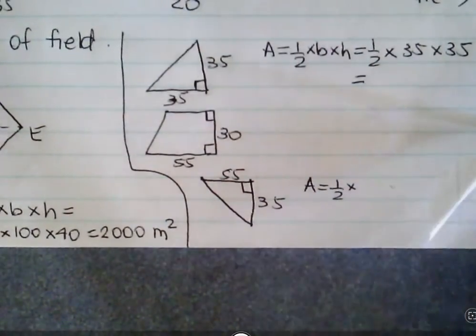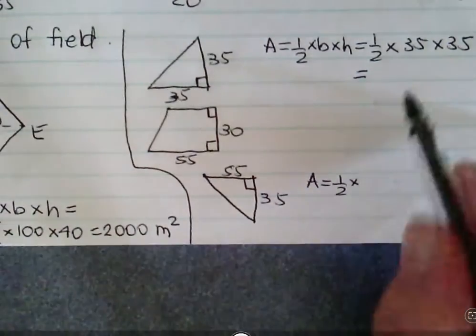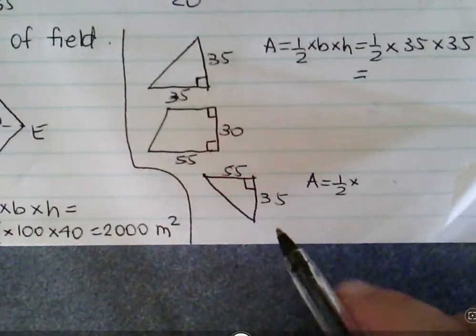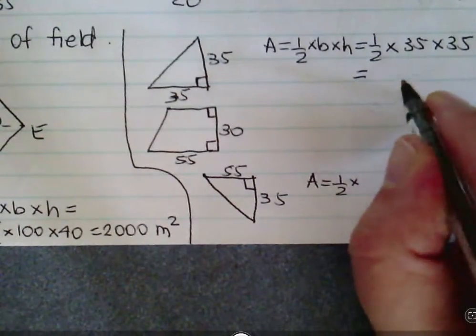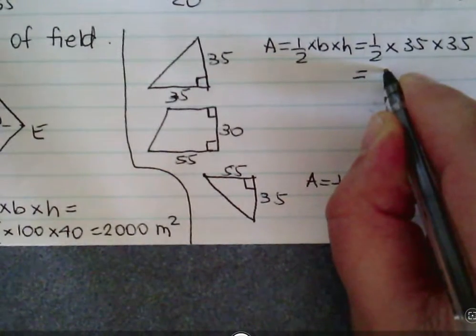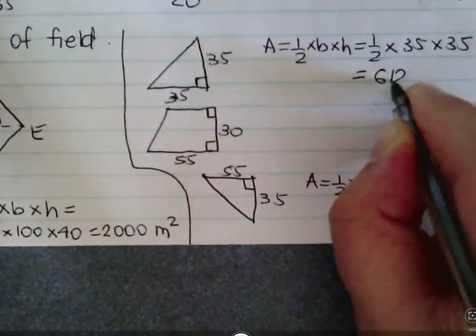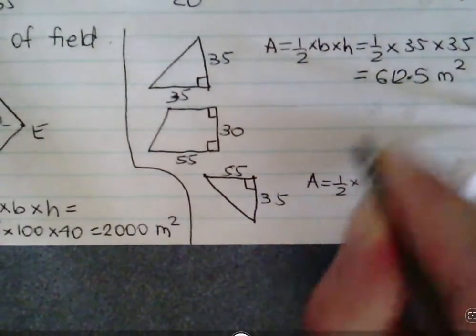We'll do the bottom triangle as well, and then we'll do the trapezium last. Got it? So what's the half of 35 times 35? What's the answer? Exactly. Meters squared.